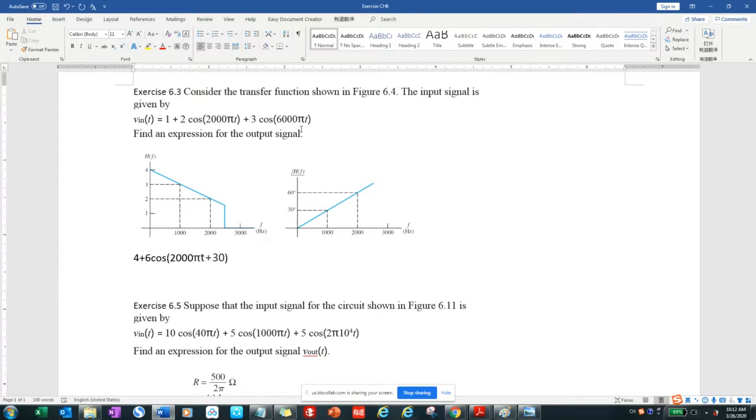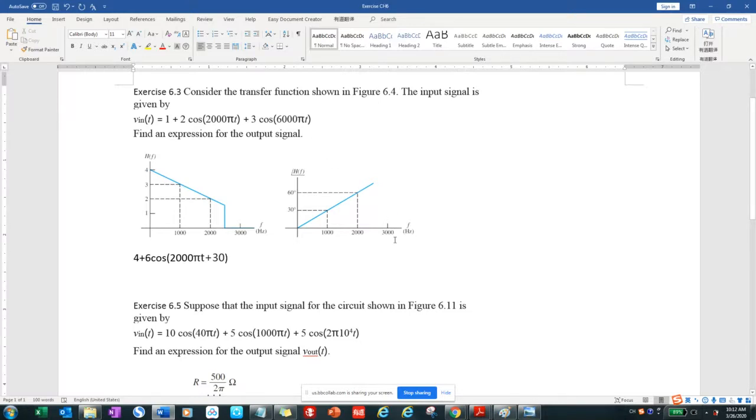Then let's look at the 3000. At frequency equal to 3000, the magnitude equals 0. Then we know that if you multiply by a 0, you won't have any value there. So the third component will be filtered out. You no longer have the third component because the magnitude will be equal to 0.